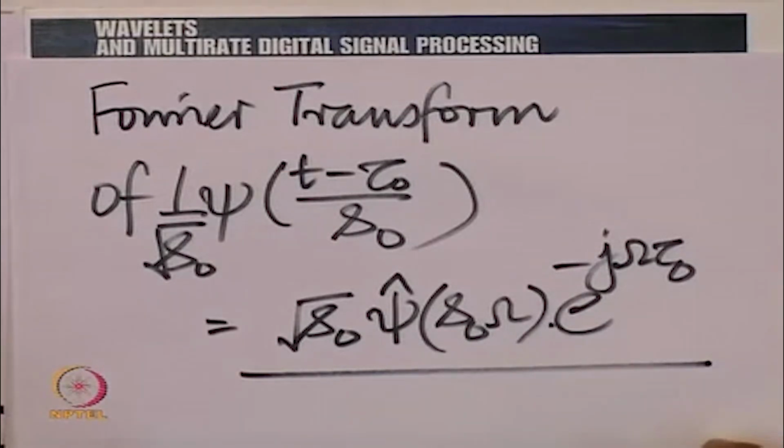And we put this back in the expression that we had for the continuous wavelet transform. Remember, the continuous wavelet transform is a continuous function of the translation tau naught and the scaling S naught. S naught is only positive real, tau naught is both negative and positive real. Let us emphasize that.